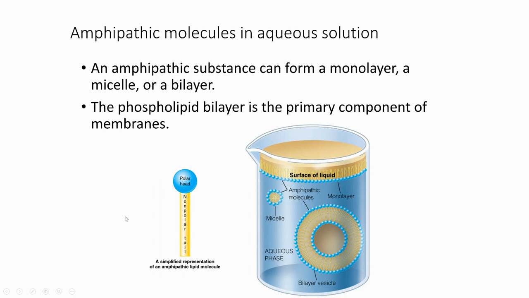When you have an amphipathic structure, they tend to form what are called micelle structures. So here, this would be like a fatty acid with a hydrocarbon tail and a polar head.